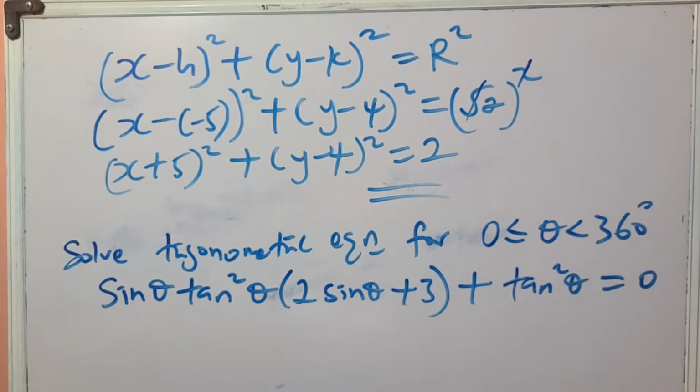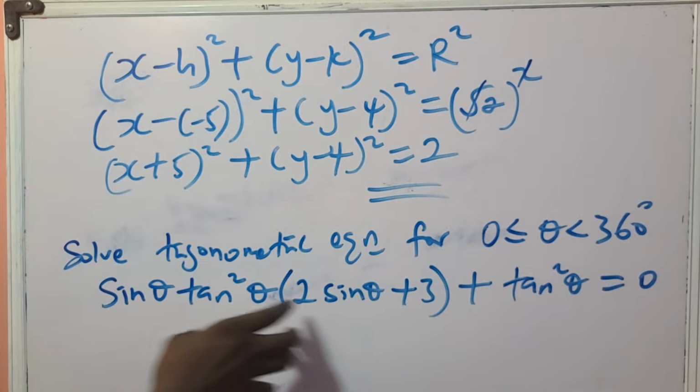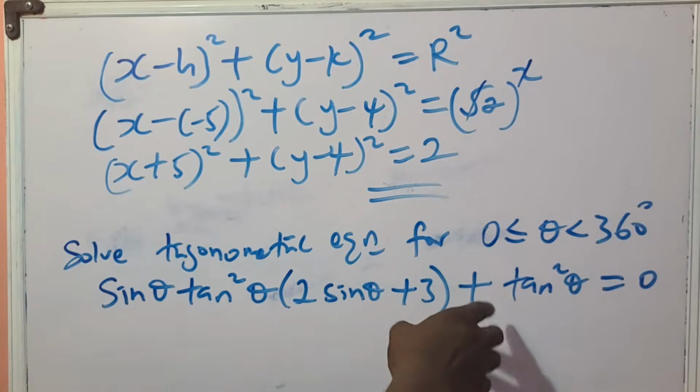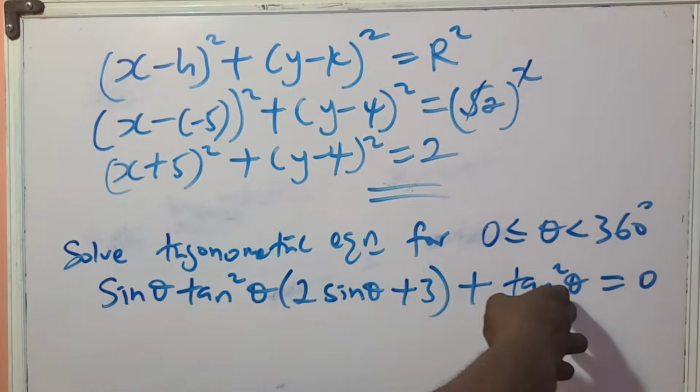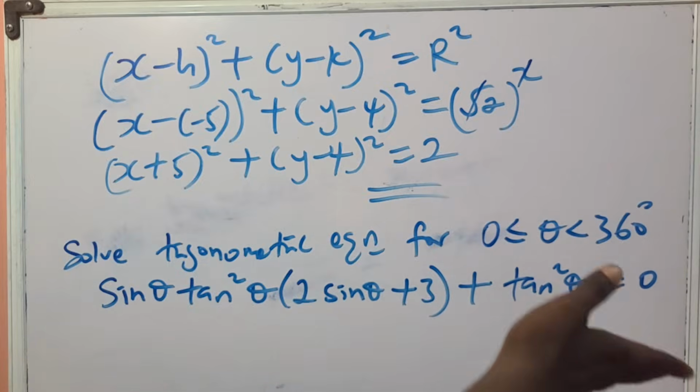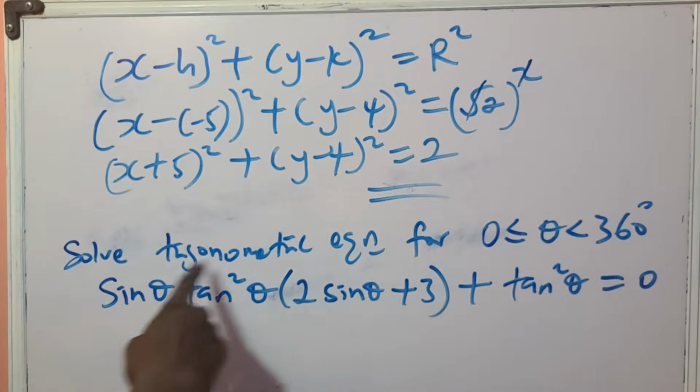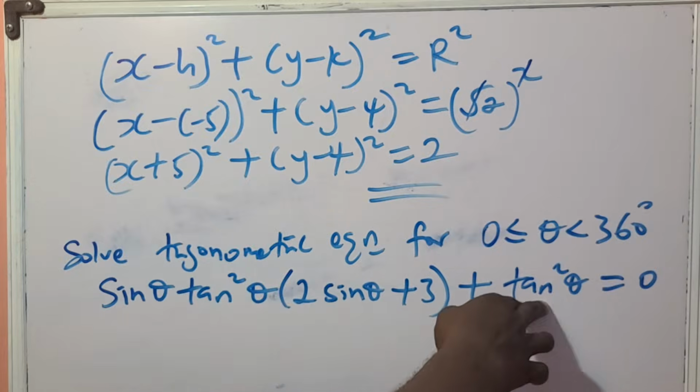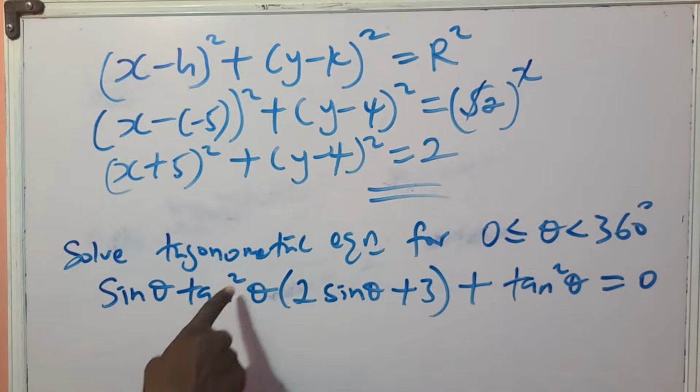Okay, so let's try and solve this together without wasting time. Can you see what I can see? Look, we have tan square theta here. Don't forget, this is something plus something equals 0. This is an equation. So this whole side of things and this whole side of things, one thing common to both of them is tan square theta.